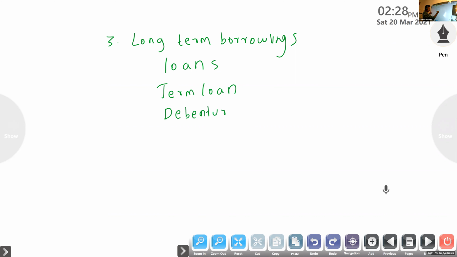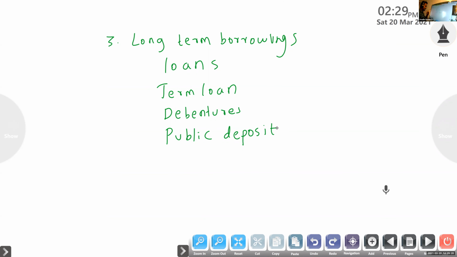Debenture means taking an amount from the public. Loans, term loan, debentures, public deposits, accepting deposits from the public. So these are the main items: loan, debenture, public deposit.